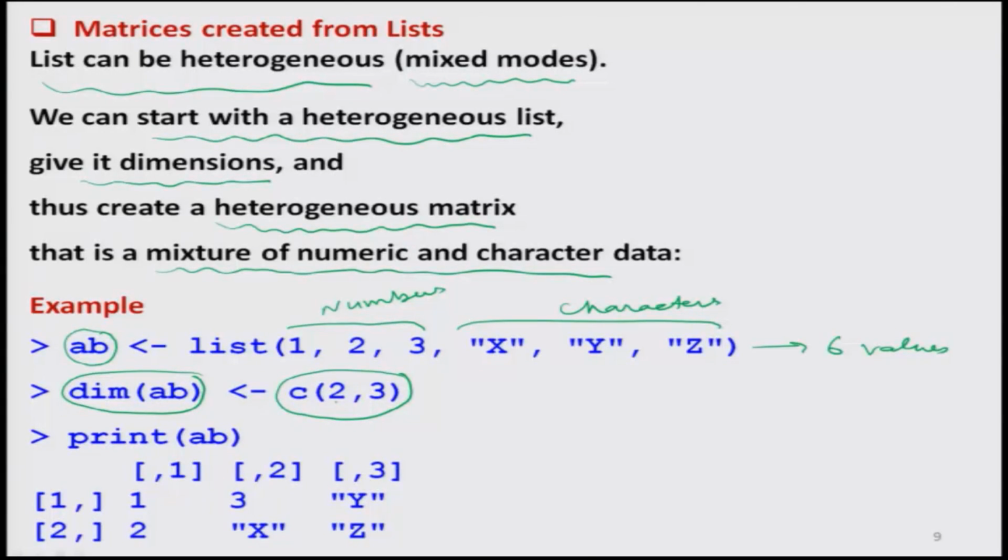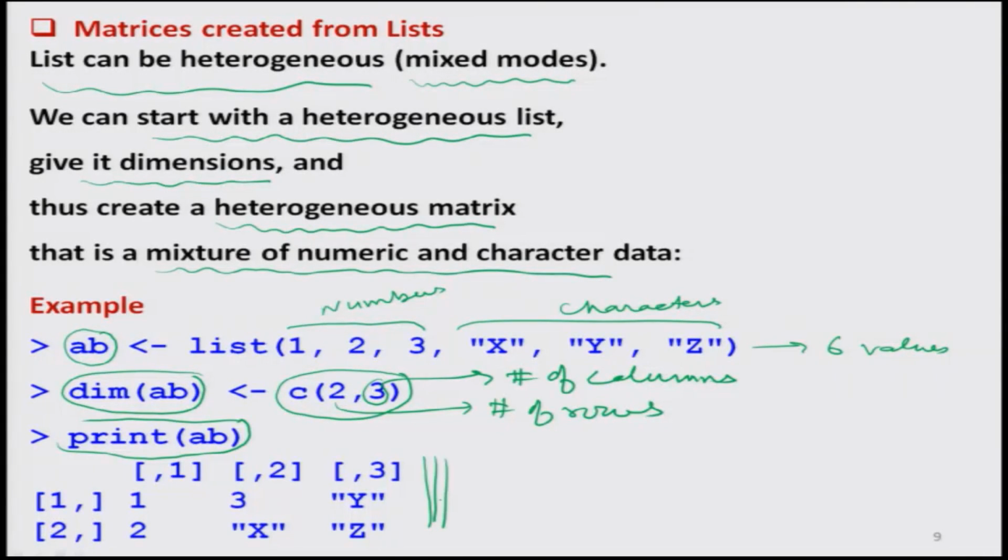So, this 2 is trying to define the number of rows and this 3 is trying to define the number of columns. So, now I am saying here that this list is now converted to something whose dimension is 2 by 3. And now, if I try to see the structure of AB, so I try to print my AB and we get this type of thing.